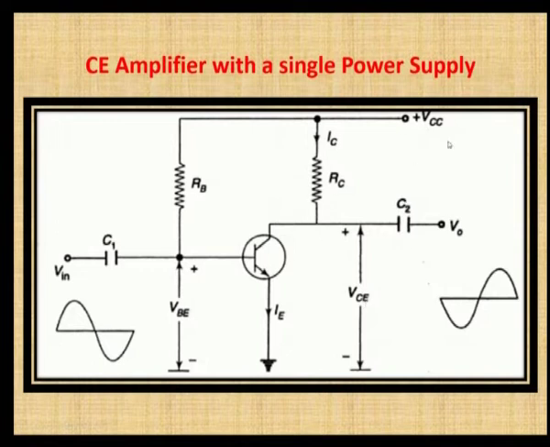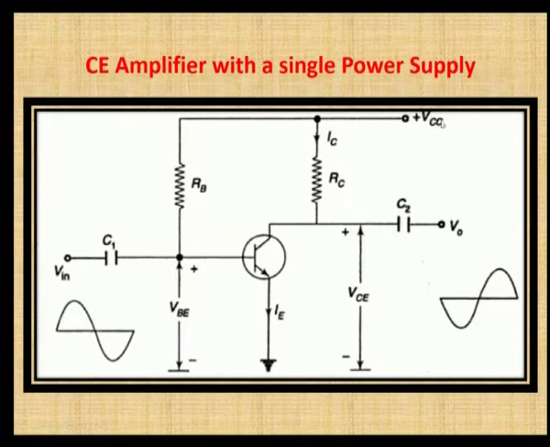When you look at this equation, VCE is equal to VCC minus ICRC. This VCC is always constant because this is the biasing supply we are giving to the collector terminal and also the base terminal. So, this VCC cannot be changed once it is fixed.